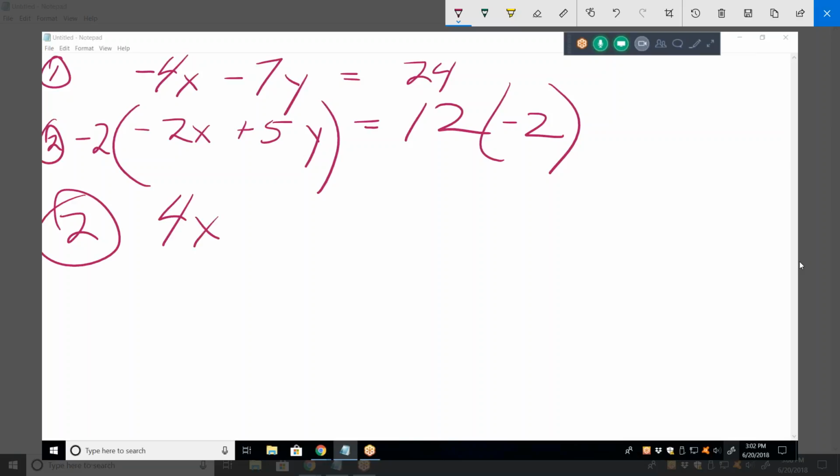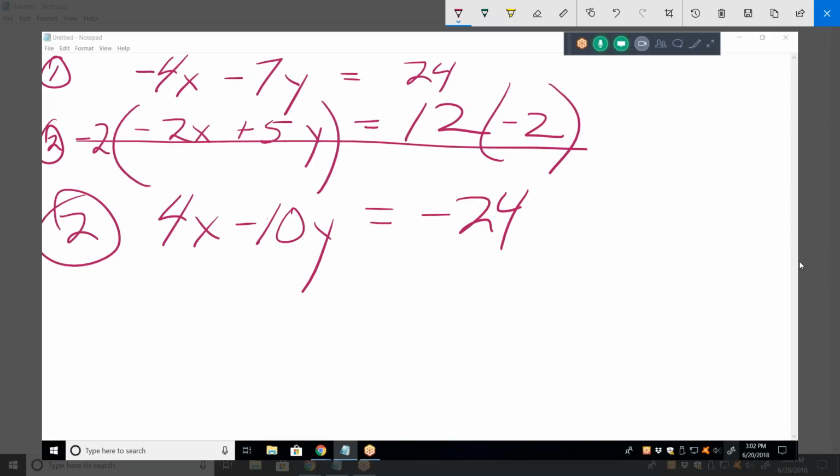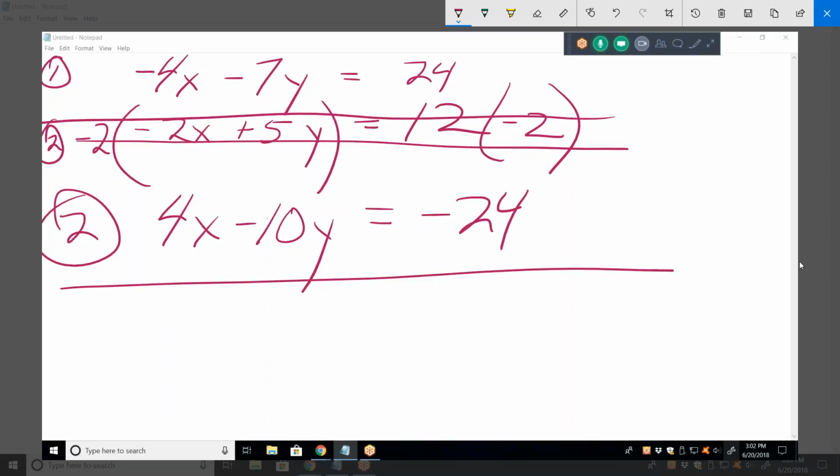So I usually try to encourage people to set it up so that you're going to end up adding, not subtracting. Now, I'm going to run a line through that. We don't ever need that equation again. So now deal with 1 and 2. So negative 17y equals 0.